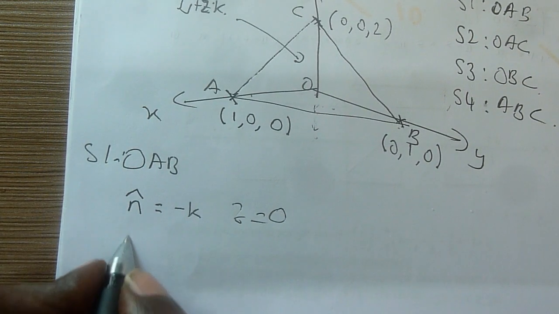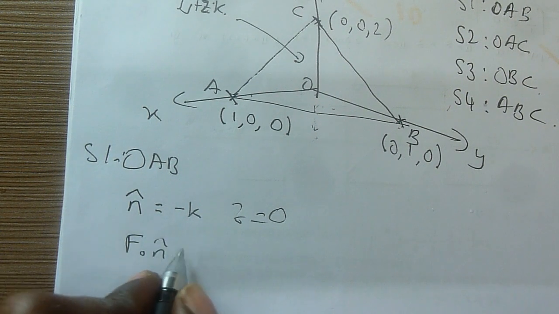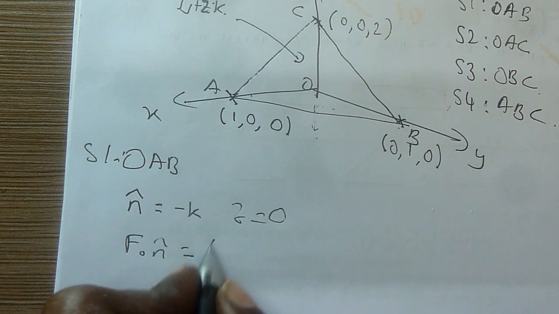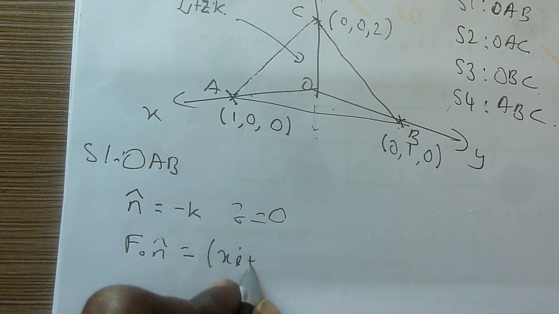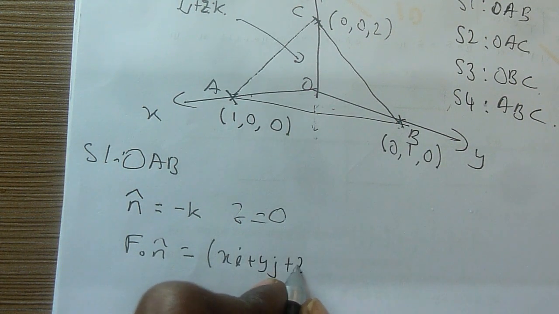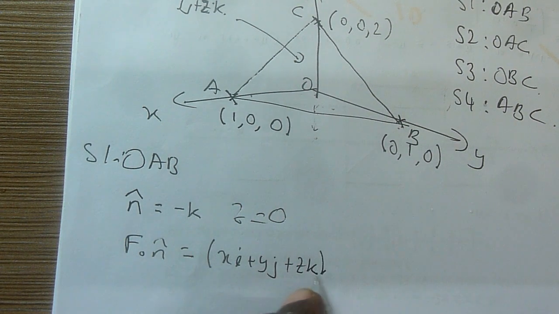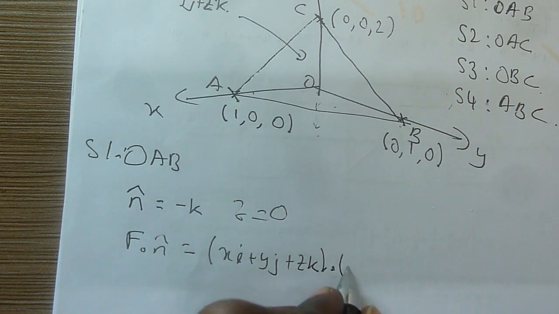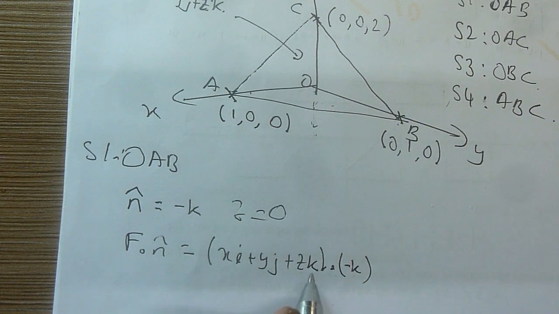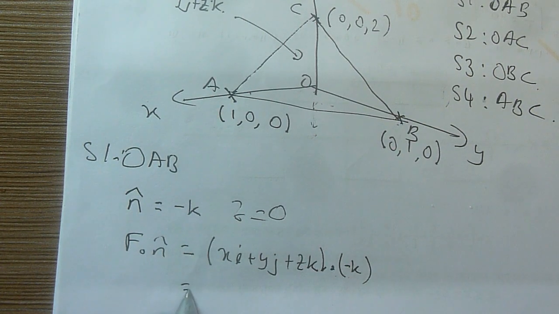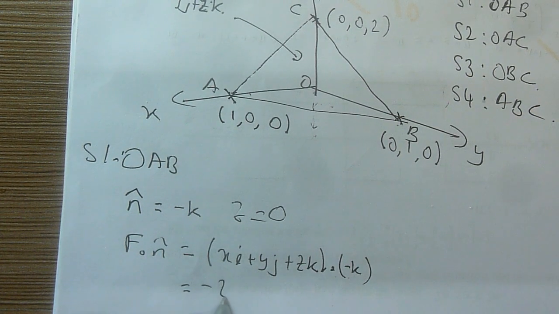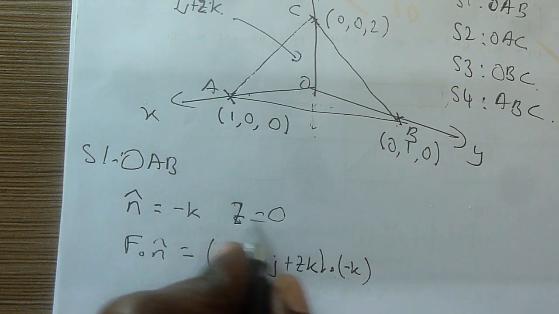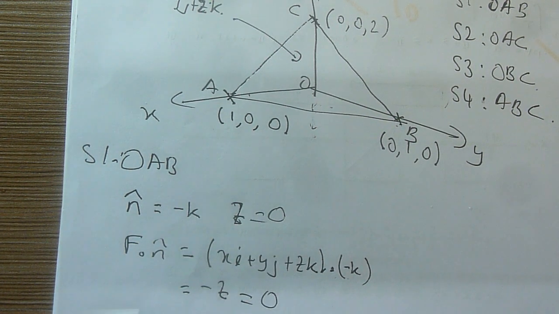Okay, can I now combine F dot n here? Right? This is xi plus yj plus zk, dot product with this negative k. Then we solve, we get a negative z, and since z is 0, it's 0 overall. Wow.